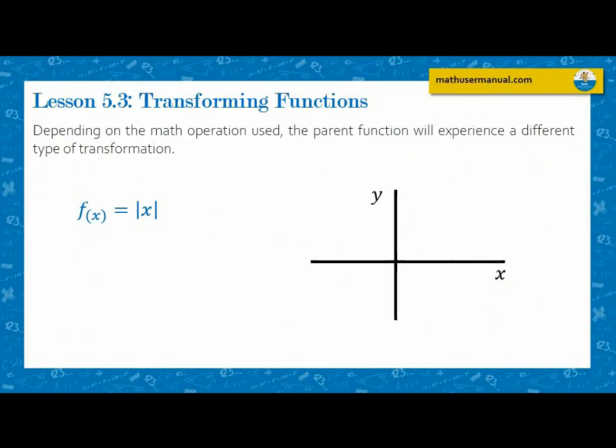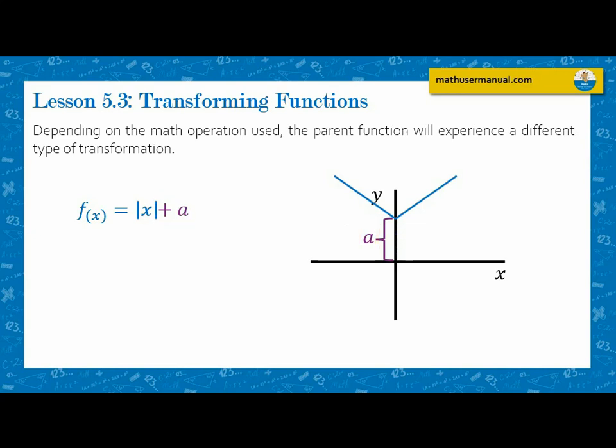Let's try now the absolute value of x. The absolute value of x is quite similar to the x squared function, but instead of being a curve, it's a straight line. And for the absolute value, the transformations will be the same. If we have a positive a outside of the absolute value, it means we're going to move this absolute value function a units in the positive vertical direction.